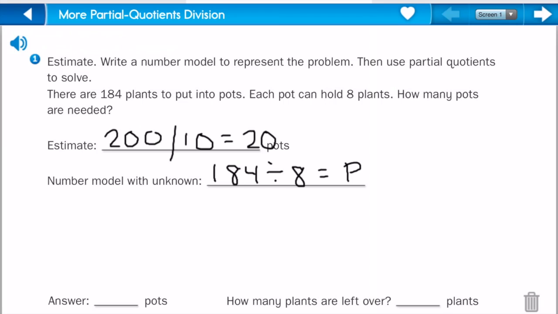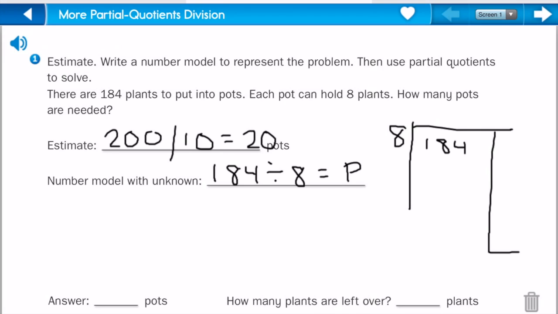Okay. So now we're going to continue on doing our partial quotients division. I'm going to set up my problem. So I'm going to take 8 and divide it into 184, and then I'm going to draw a line down to here like this.